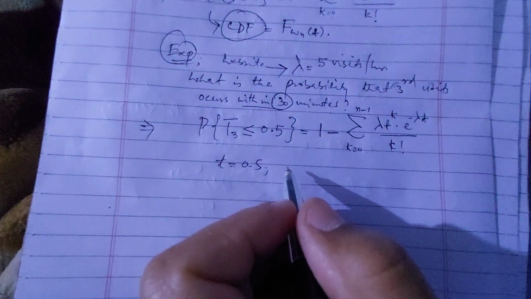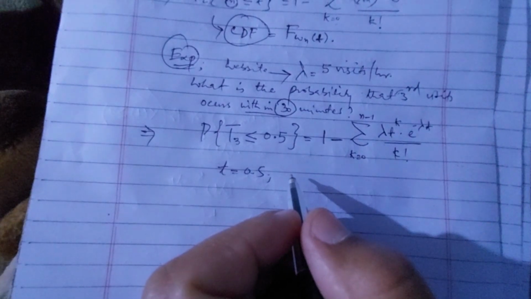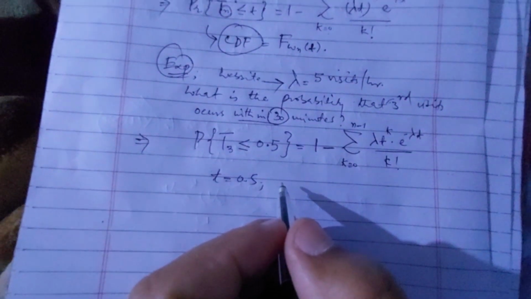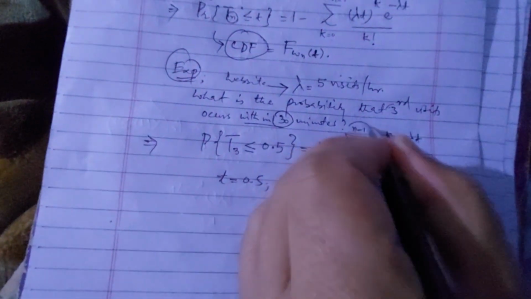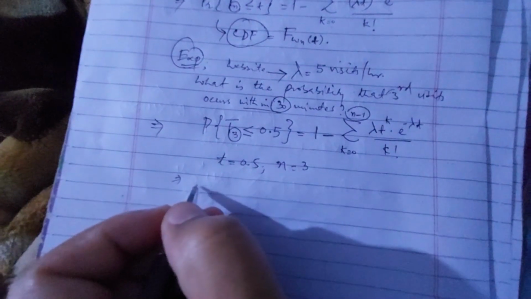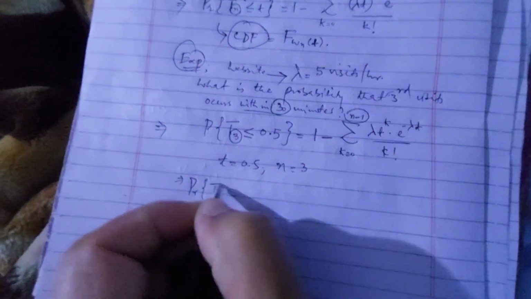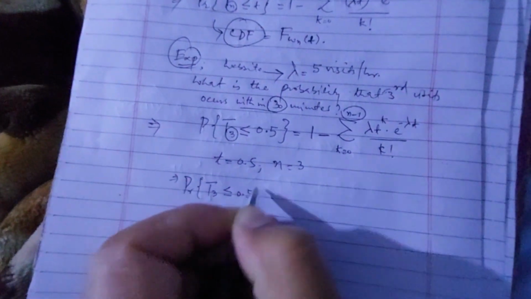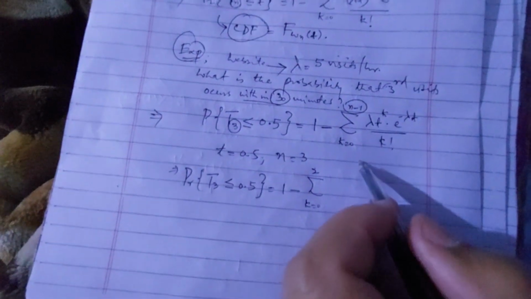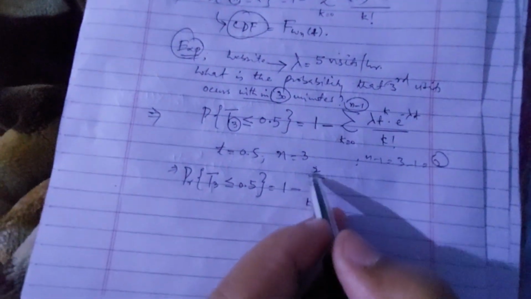We put the values here: t is equal to 0.5, and n is equal to 3. So the probability that the third visit T3 is less than or equal to 0.5 is equal to 1 minus the summation of k from 0 up to 2, since n minus 1 is 3 minus 1, which is 2.